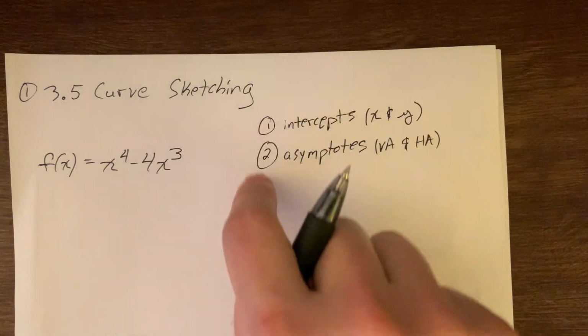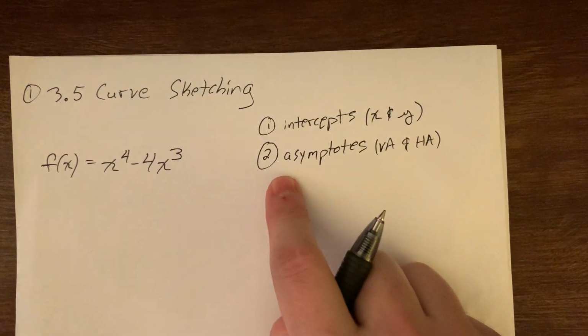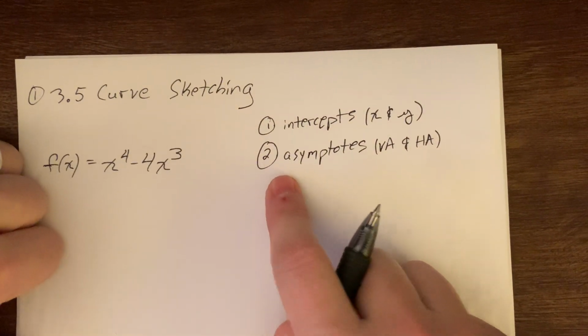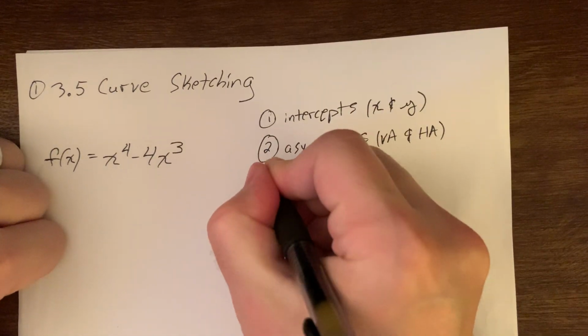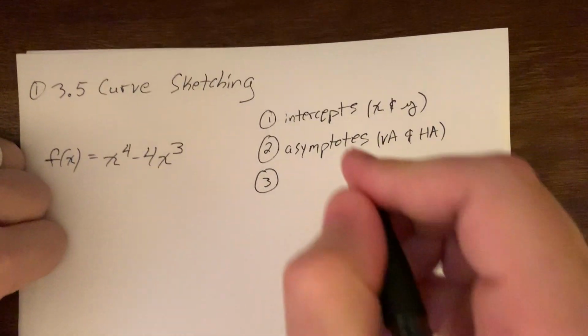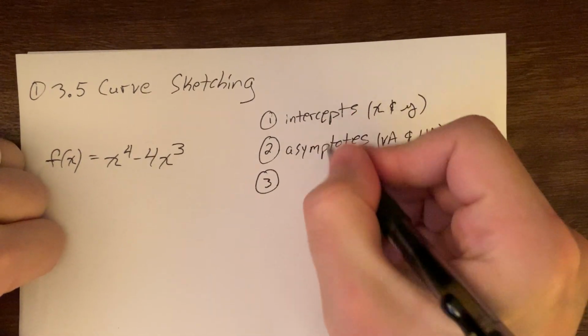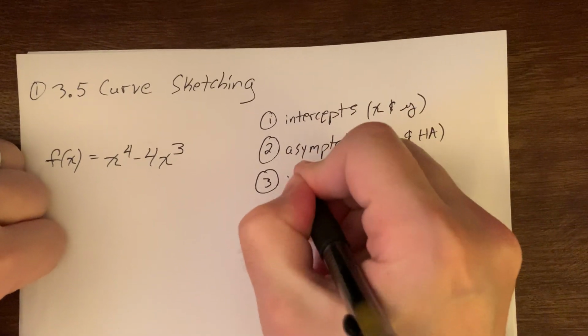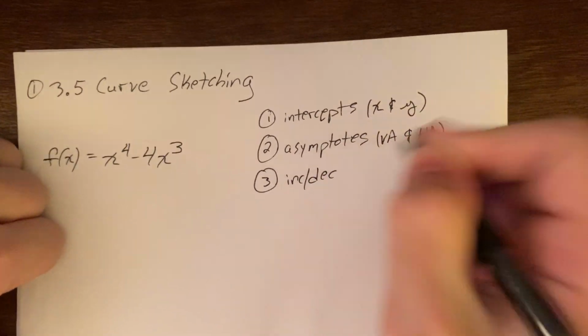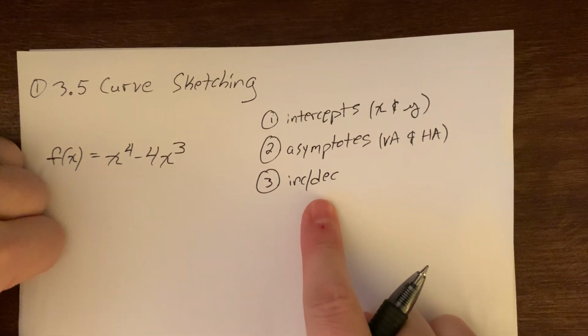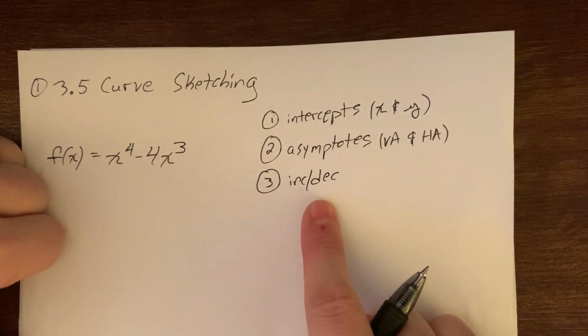Okay, so you're already seeing, I'm listing 2 steps so far, but there's a lot of work to get those 2 pieces. Step 3, we'll keep going with this. Unfortunately, now I can't get away with this with one word. Step 3, we'll consider where the function is both increasing and decreasing.